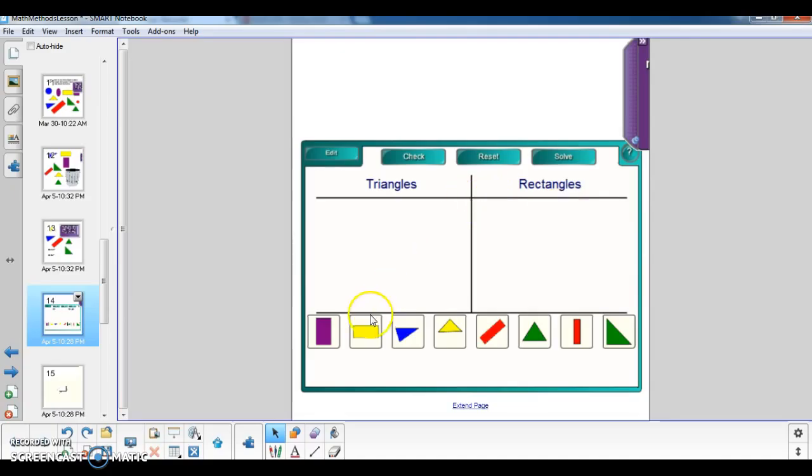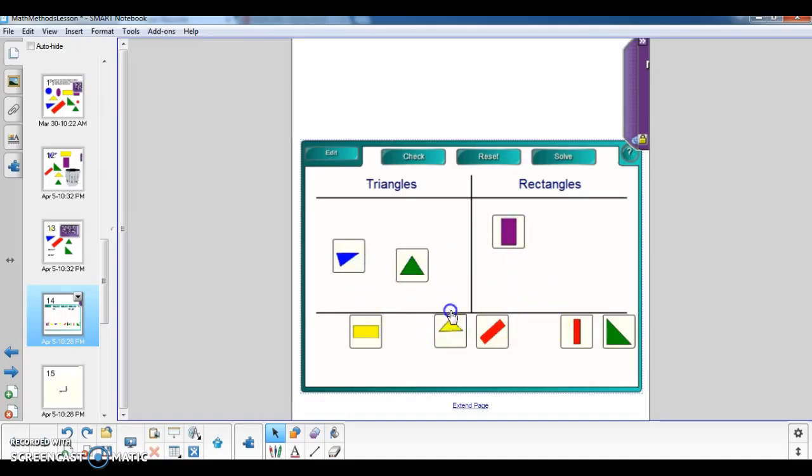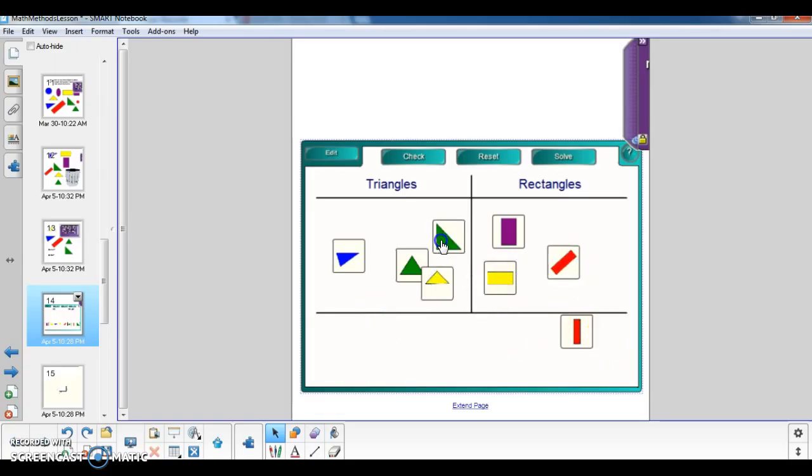And then I'm going to call students up, and I have a little sorting table chart right here, and they're going to drag the pictures to the correct column. So when you drag them all to the correct ones, then you click check, and then all of them will be corrected.